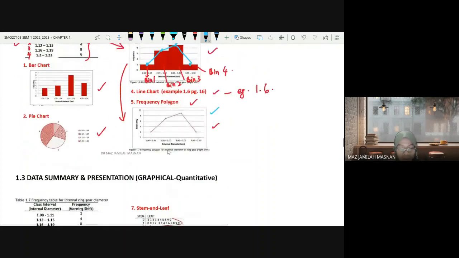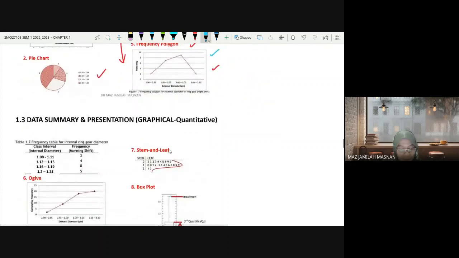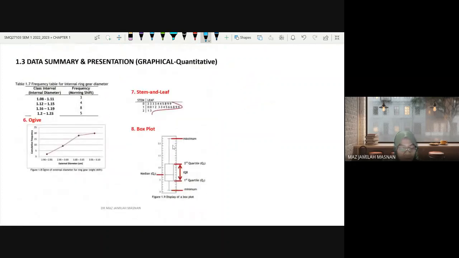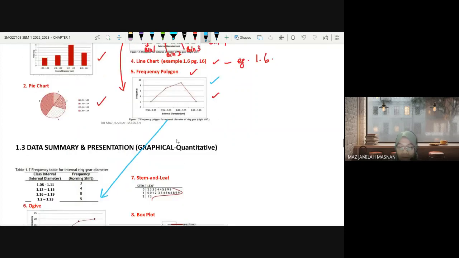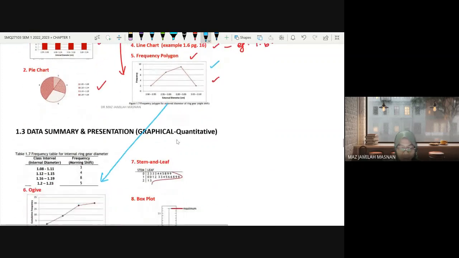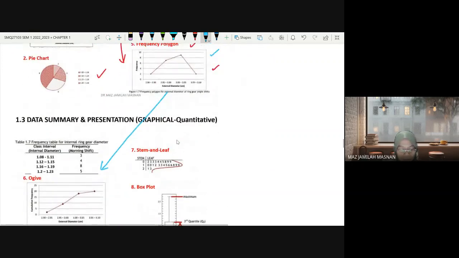Now apart from that, we can also have our ogive. How do I get my ogive? It is actually from the frequency polygon. If you go back to your bins, here I know it is 2, here is 7, here is 9, here is 2. So we add the frequency from the first bin to the second bin, and so on and so forth.